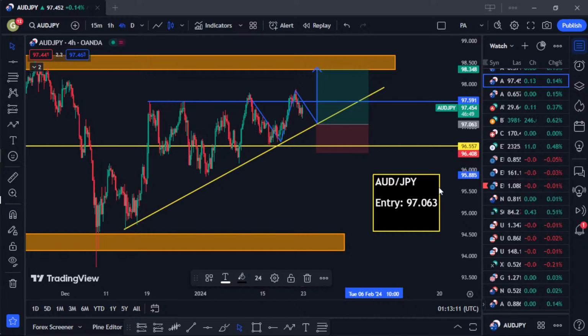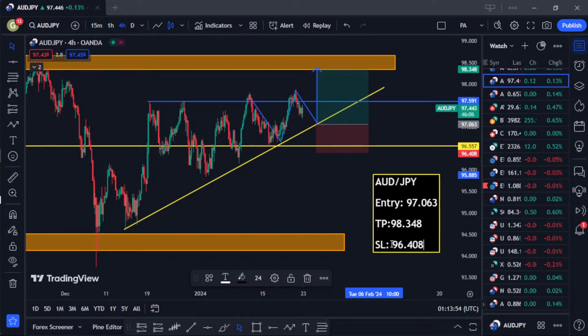Take profit at 98.348, and then my stop loss at 96.408. So these are all my entry information for this particular market called Australian dollar JPY.